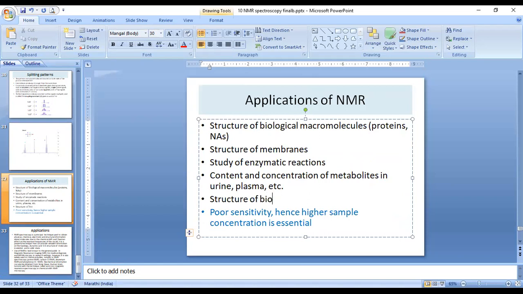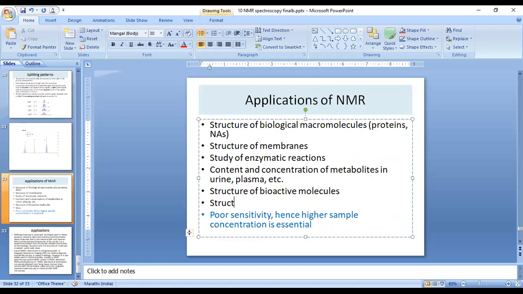Structure of bioactive molecules, structure of drugs, okay, especially the newly discovered.